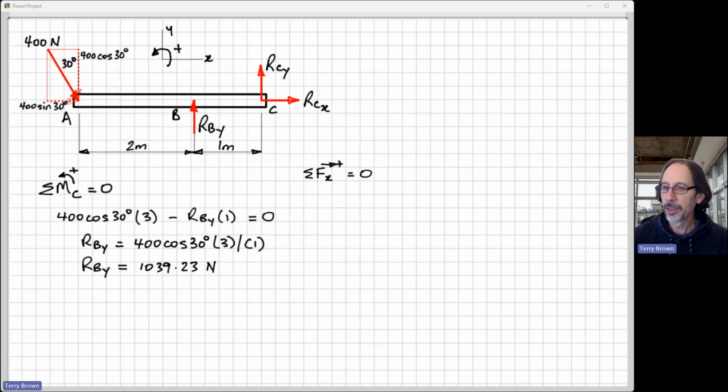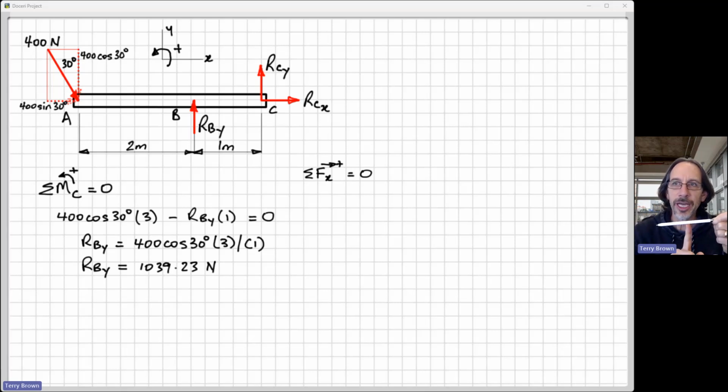Okay, so here we got a positive answer for RBY. So that positive answer tells us that we made the correct assumption about the sense of this force RBY. Okay, and this one's fairly obvious because, again, if you look at me off to the side, we've got our pin at C here, and we've got our load at the end here at A tending to push it down, and tending to rotate anti-clockwise.